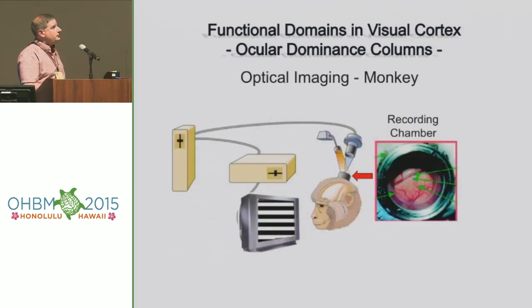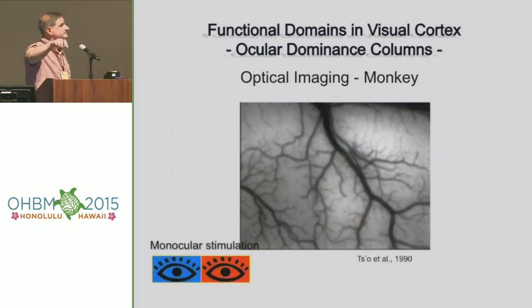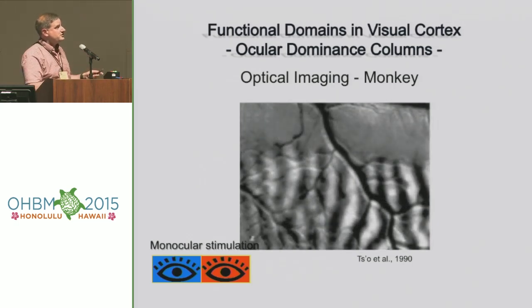The first hemodynamic-based mapping of ODC was done during the 80s with optical imaging, in which you do a craniotomy, shine a monochromatic light, and stimulate the monkeys, all in vivo. You stimulate the monkey one eye at a time, and then you can do a subtraction between the 2 images: the image acquired from the surface before the stimulation and the image during the stimulation, while one eye was stimulated at a time.